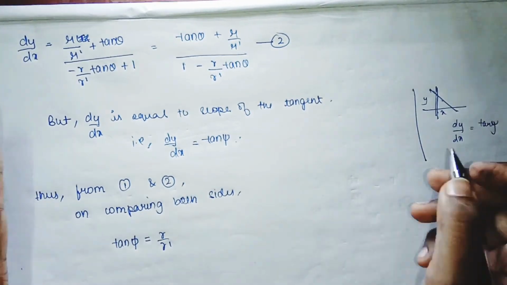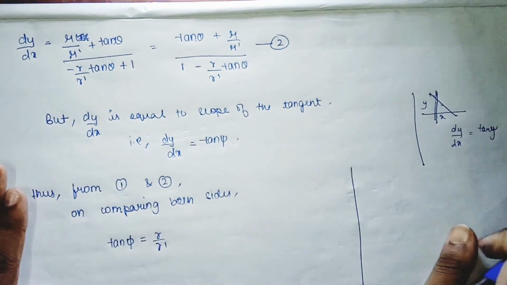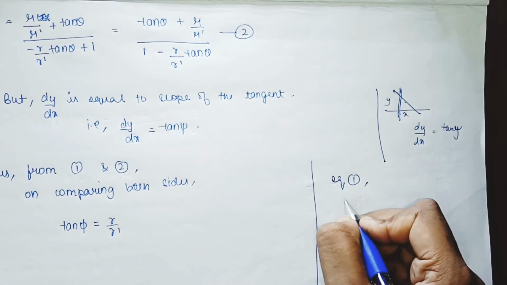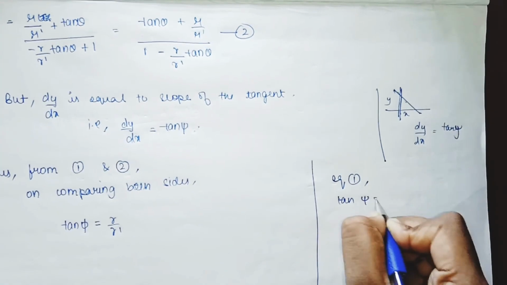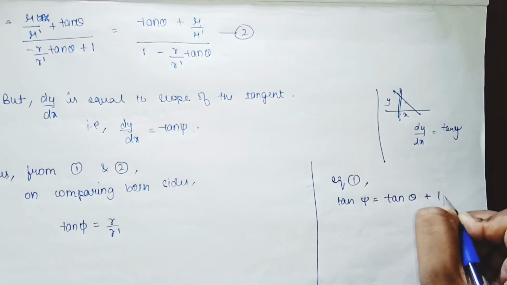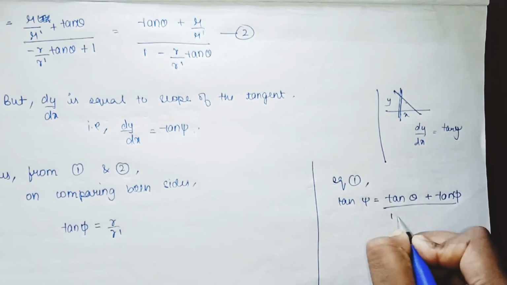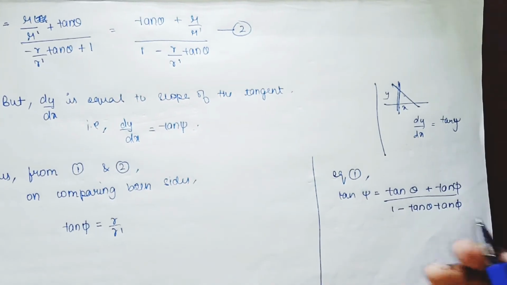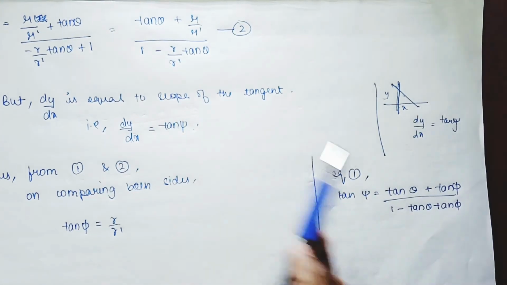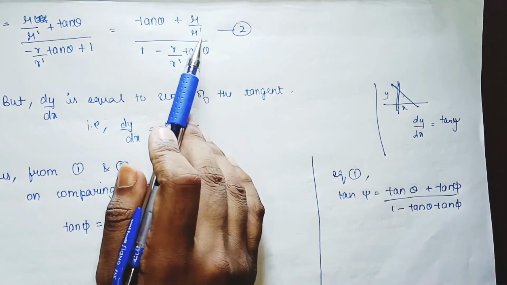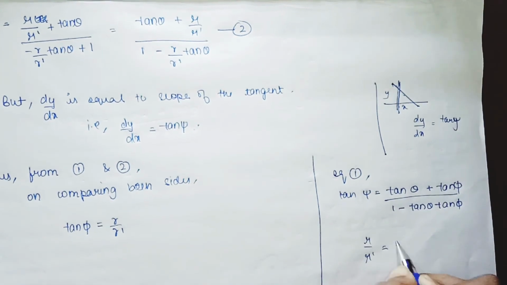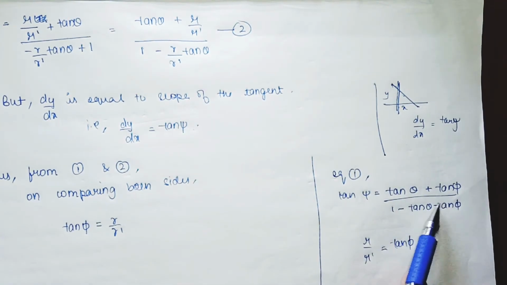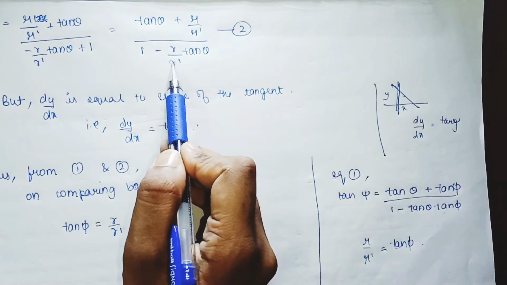If our equation 1 states tan psi equal to tan theta plus tan phi divided by 1 minus tan theta into tan phi, this is the first equation and this is the second equation. Now if we equate, tan theta, tan theta, and tan phi again is equal to r by r dash.